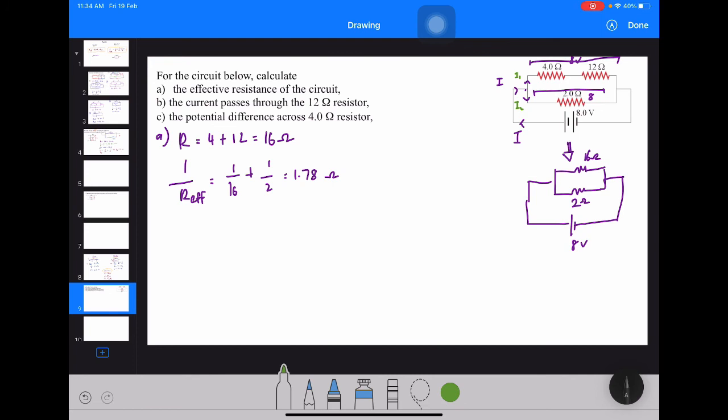I can write the equation I is equals to I1 plus I2, because we are using the properties of a current when it meets a junction. They split into two. If I want to find my I1, I can use I minus I2.